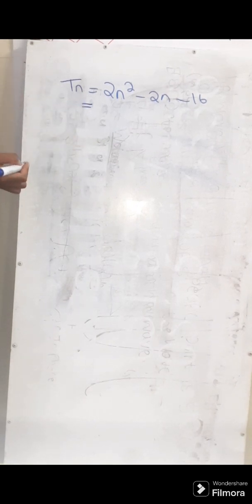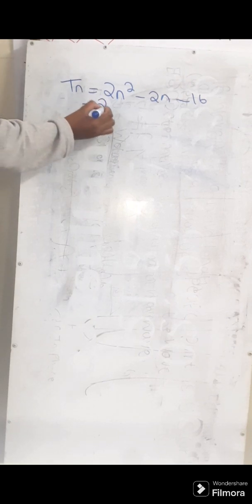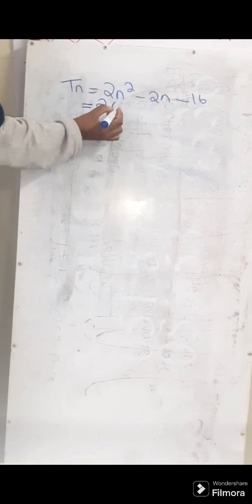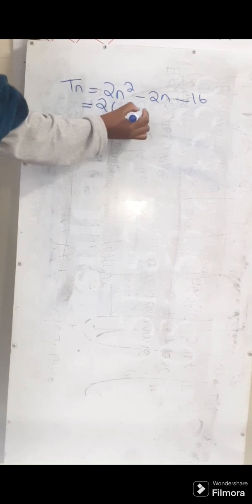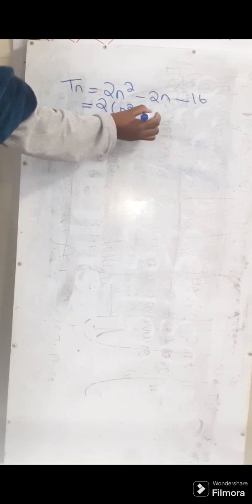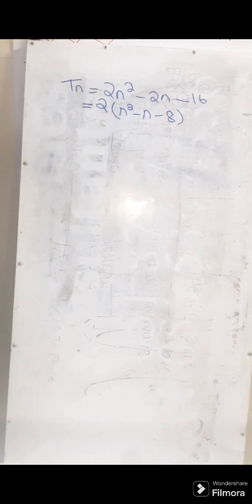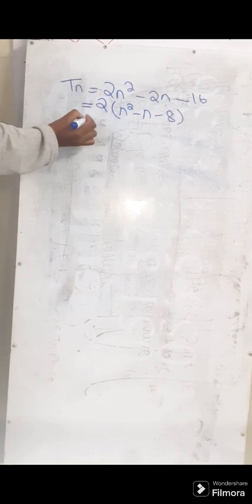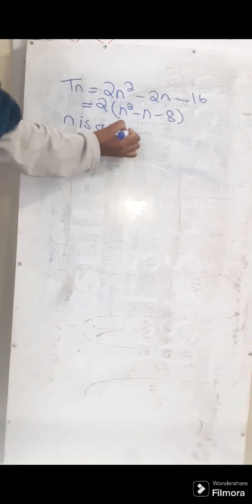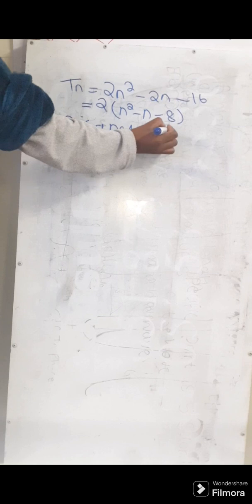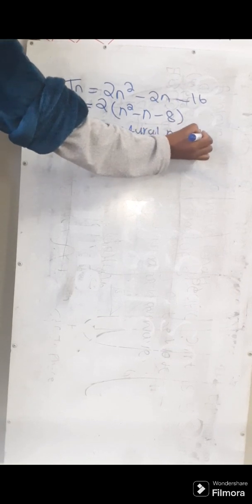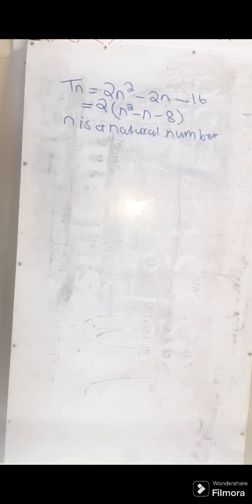So you refer to the nature of roots. So 2 is common, and then you can have n squared minus n minus 8. So you can multiply this bracket with the 2 and still get that. So n is a natural number.